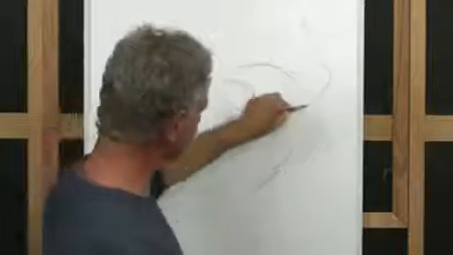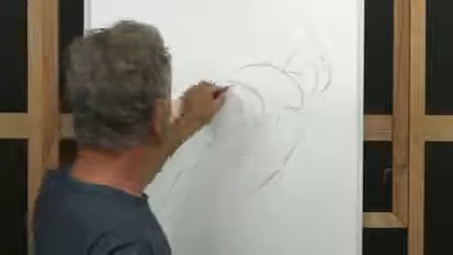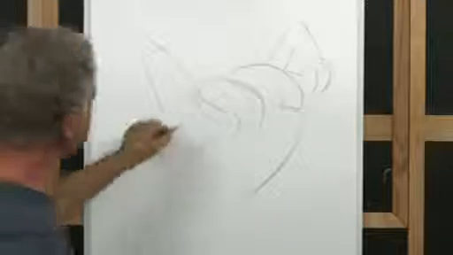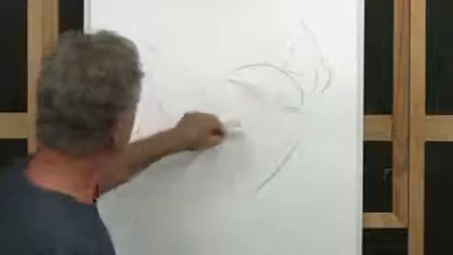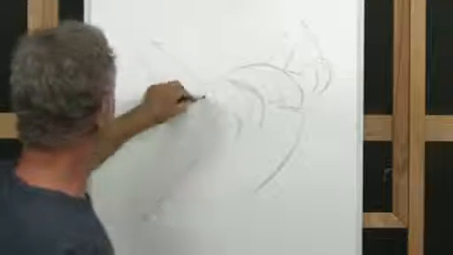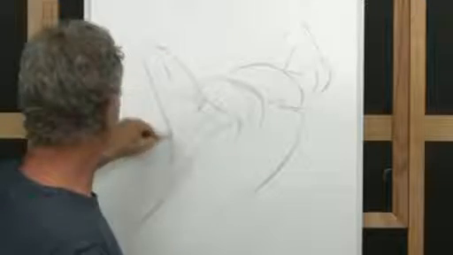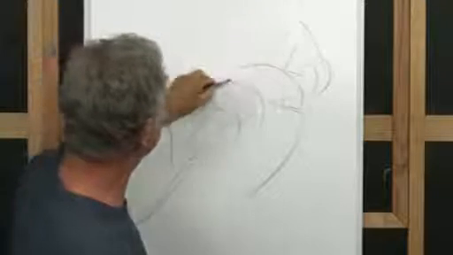So not terribly foreshortened, but enough foreshortening in it. So you notice I'm thinking, well, what's the subject doing? In this case, our subject is reclining, and I'm basically trying to find out what the basic statement is, the feeling for it.